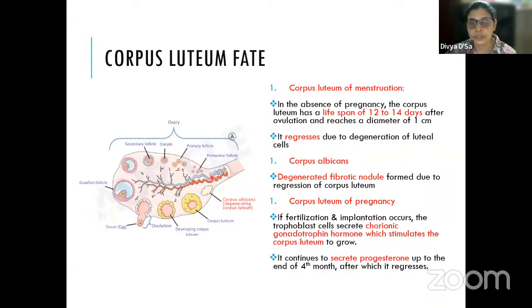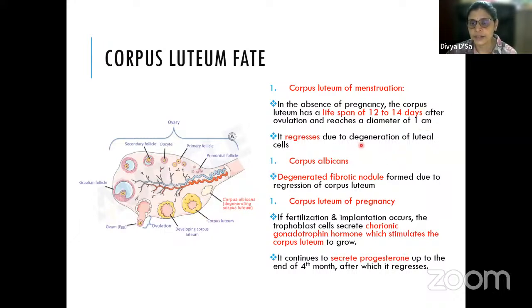If pregnancy doesn't occur, there is no fertilization of the secondary oocyte. In that case, the corpus luteum remains for about 14 days and reaches a diameter of about 1 centimeter.